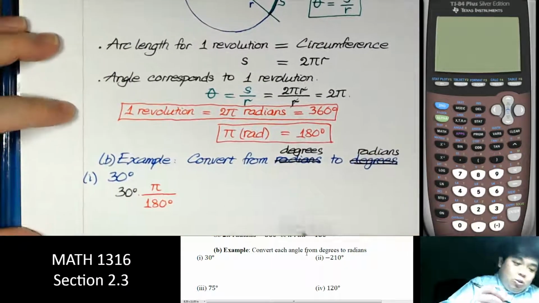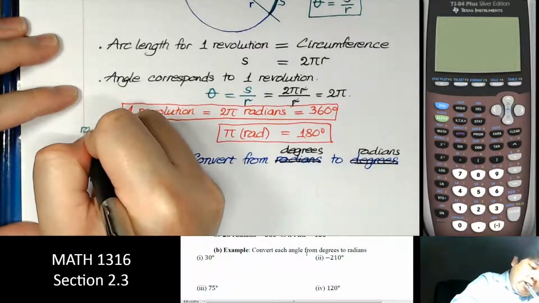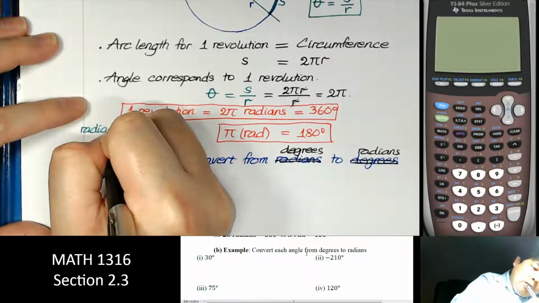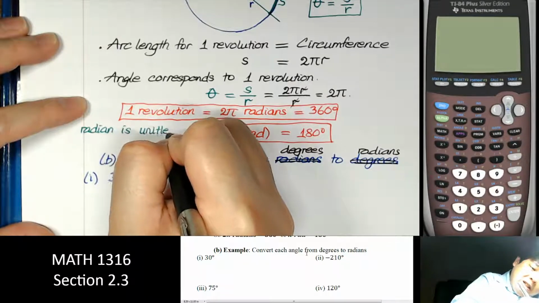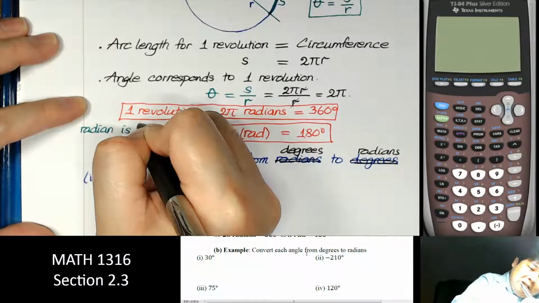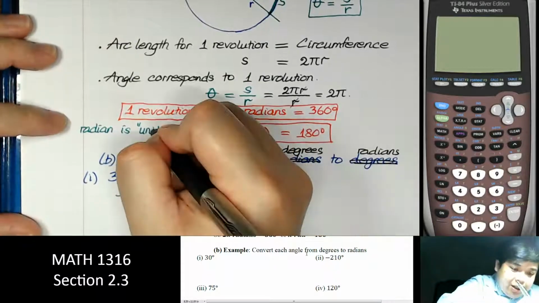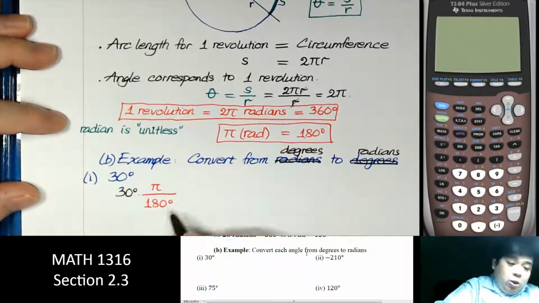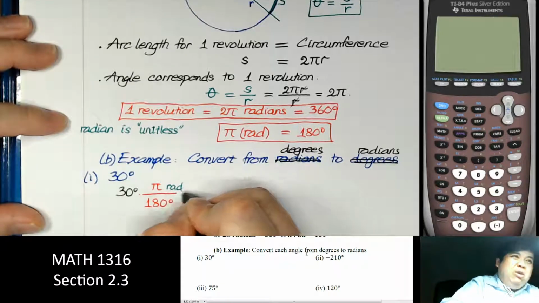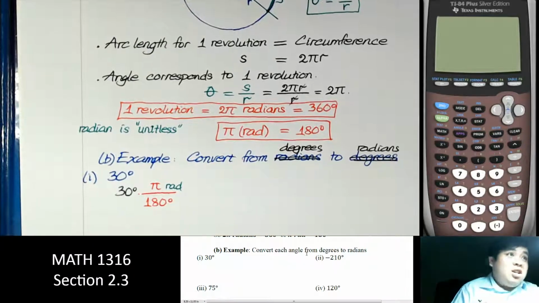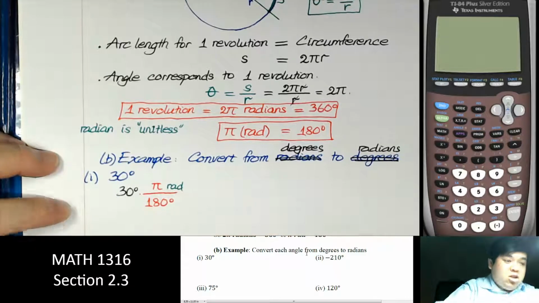In physics, we should say radian is unitless, meaning that we don't even need to write the radian here. It's understandable. If there's no unit, we can just drop the radian.